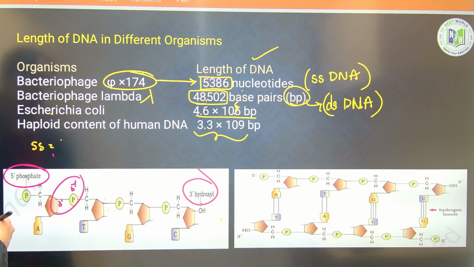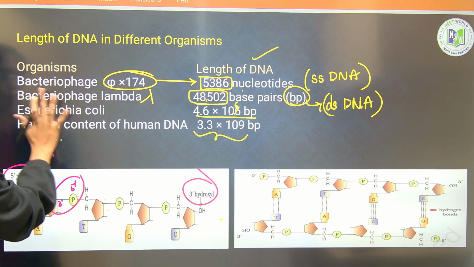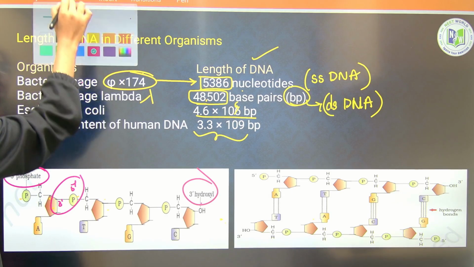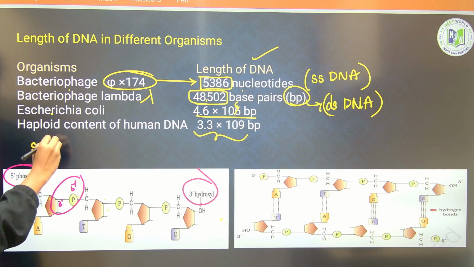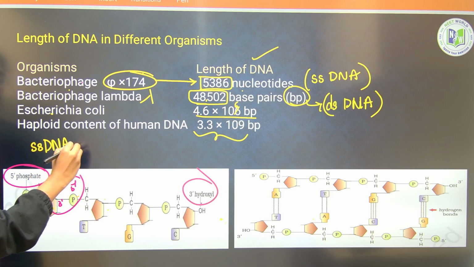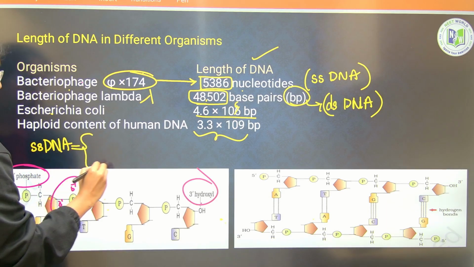This is by what bond? Phosphodiester bond. So a single stranded polynucleotide chain will have 3 bonds.